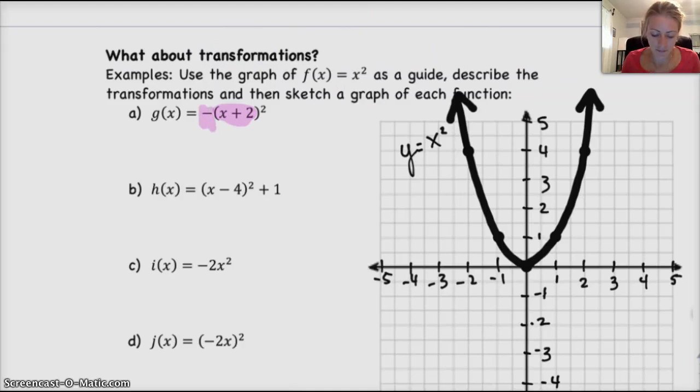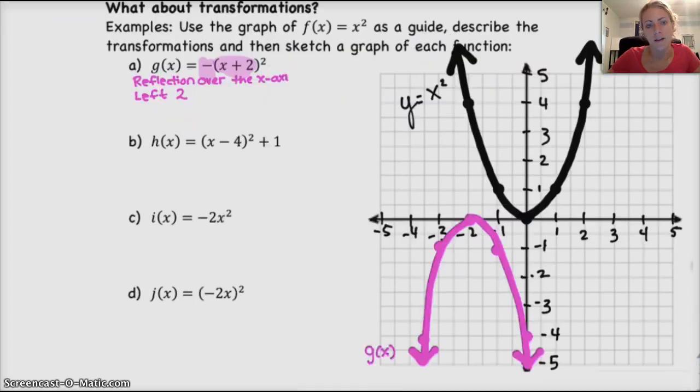If you remember the transformation stuff, if I change the x squared to x plus 2 squared, that's going to be horizontal, so it's opposite of what you think. So plus 2 means it's going left 2, and then that minus out front is a reflection over the x-axis. Once you know those things, you can easily sketch a graph of the new function. All right, so that's what g of x looks like.